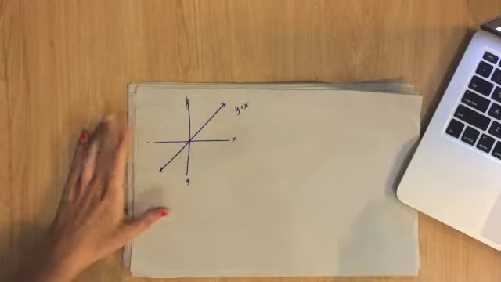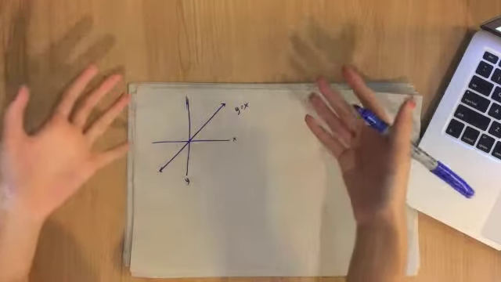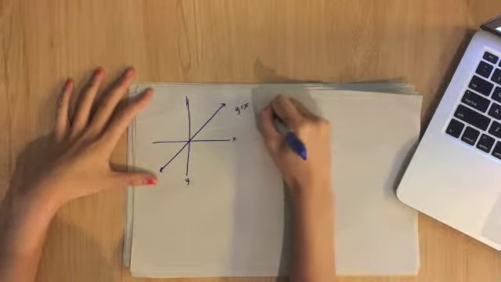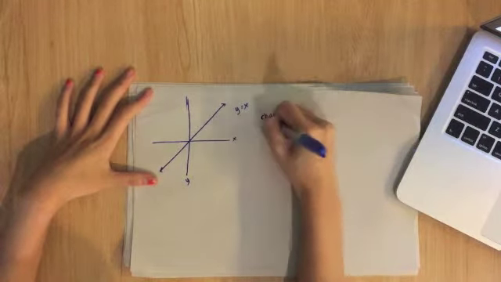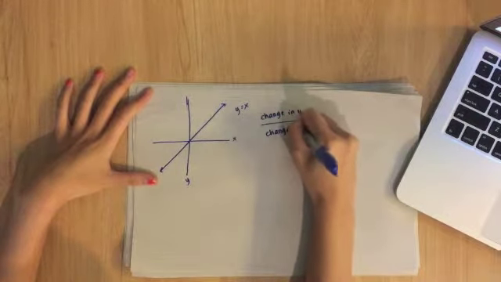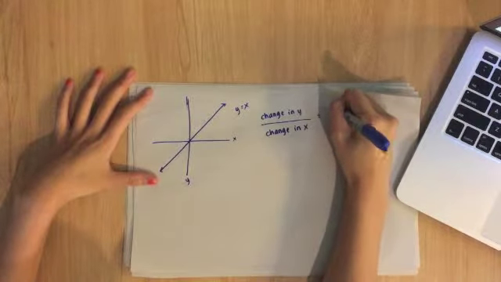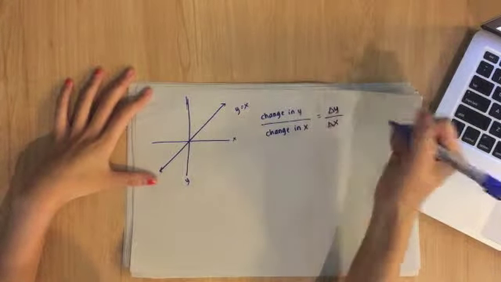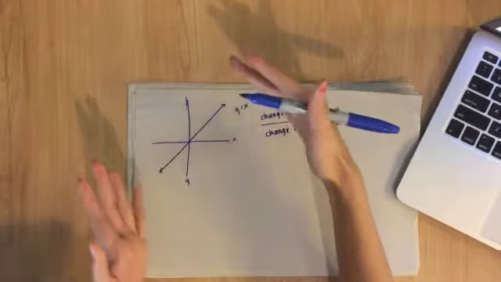So in algebra, you have probably already learned how to find the slope of this line. Easy. Change in y over the change in x. That is your slope. In other words, delta y over delta x, right? And that will give you the slope of the entire line.